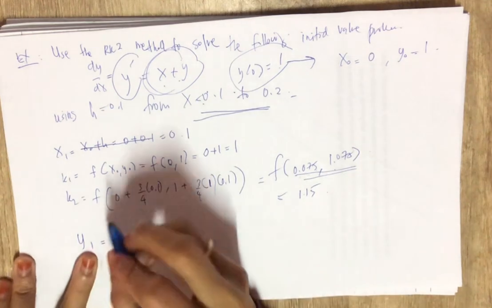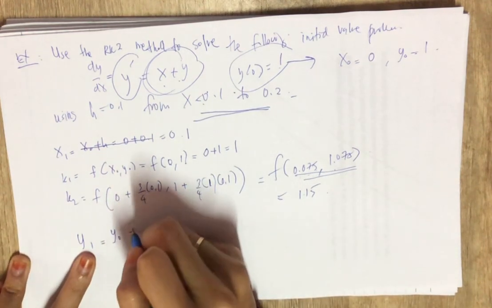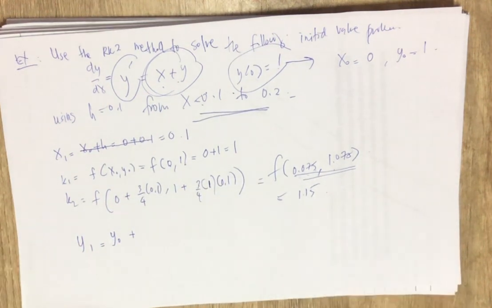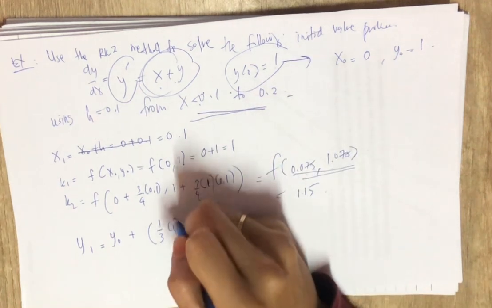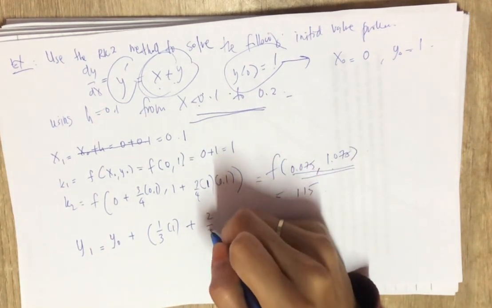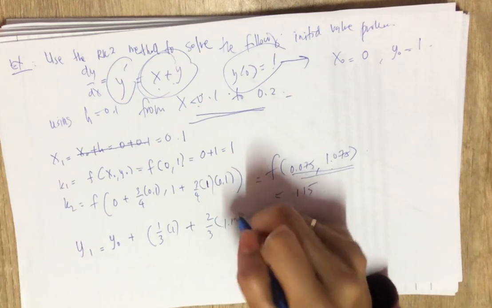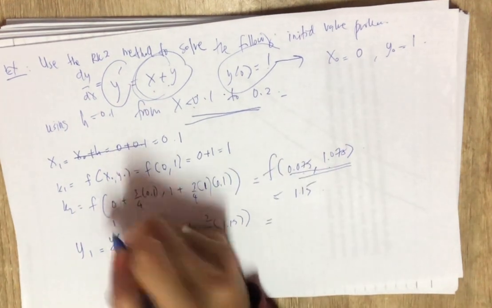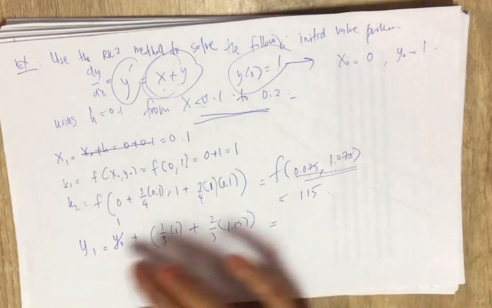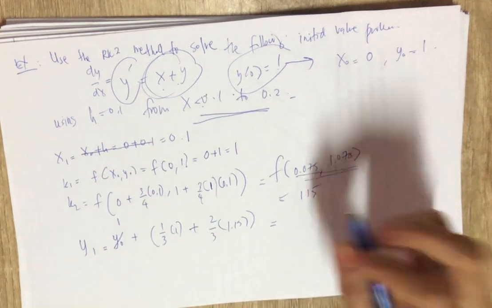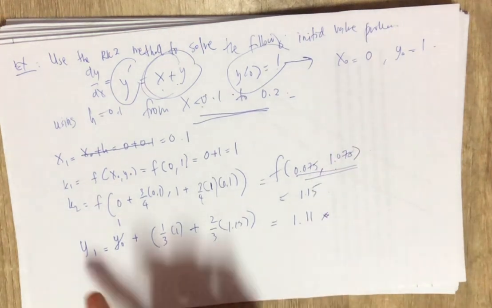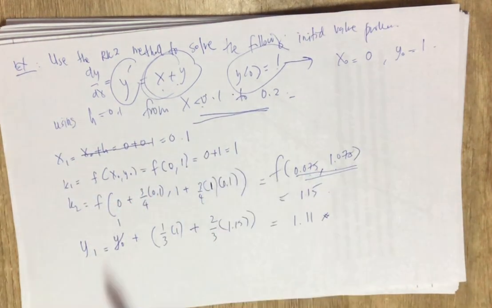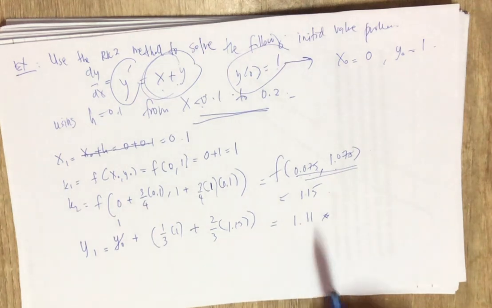So y1 means y naught plus 1 over 3 k1, your k1 is 1, plus 2 over 3 k2, 1.15. Y naught just now is 1. So you total this up and you will get 1.11. So this is your y1. So that means your x1 is 0.1, your y1 is equal to 1.11.